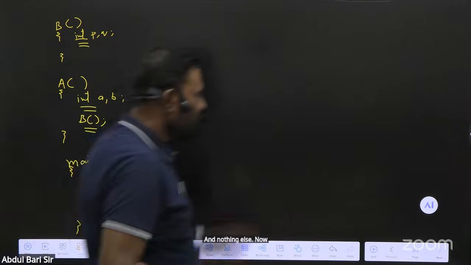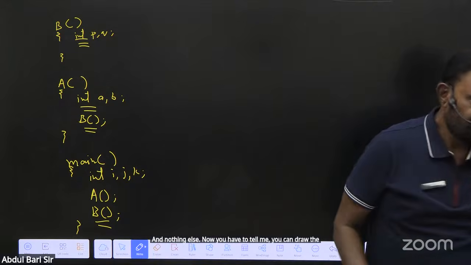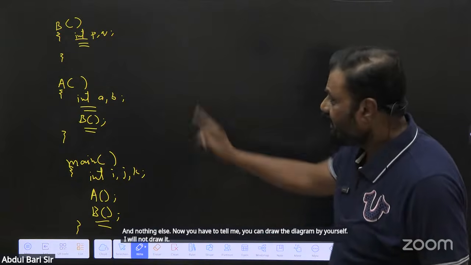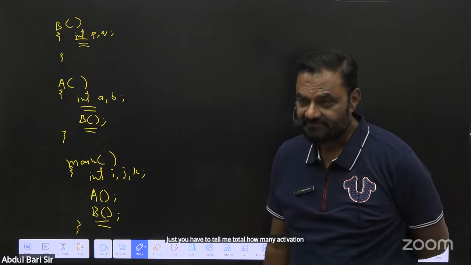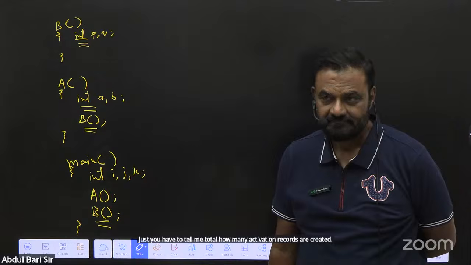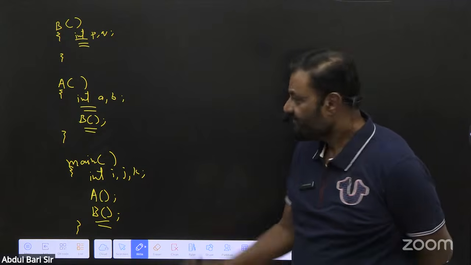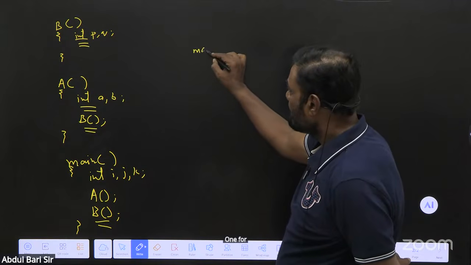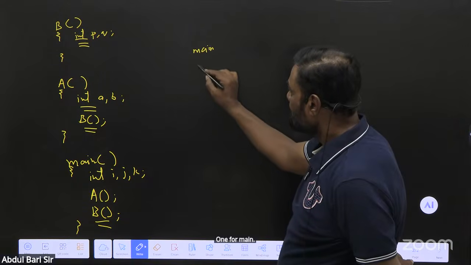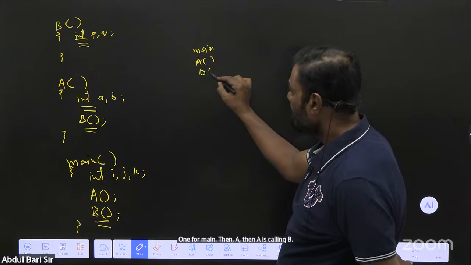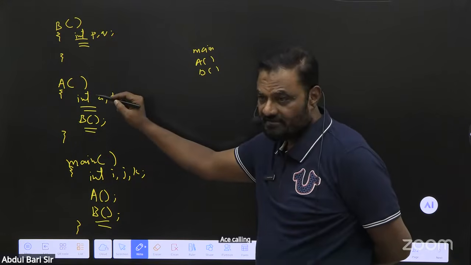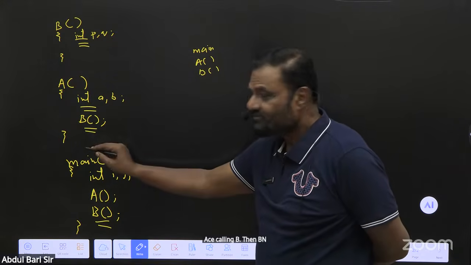Now you have to tell me, you can draw the diagram by yourself. I will not draw it. Just tell me in total how many activation records are created. One for main, then A, then A is calling B, then B ends, control comes back to A, and A also ends.